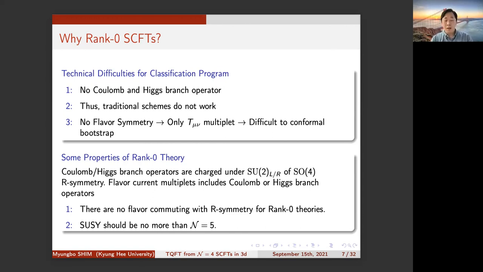In addition, a rank-0 theory has no flavor symmetry, since flavor current multiplets always contain Higgs branch operators or Coulomb branch operators. So there is only the energy momentum tensor multiplet, and this makes it difficult to perform the conformal bootstrap program. For the same reasoning, the supersymmetry of rank-0 theories should not be larger than N=5.